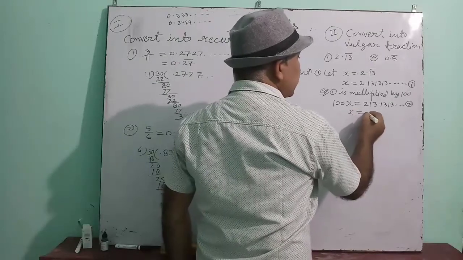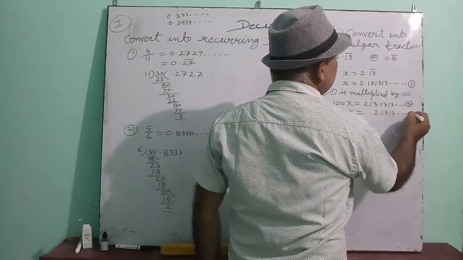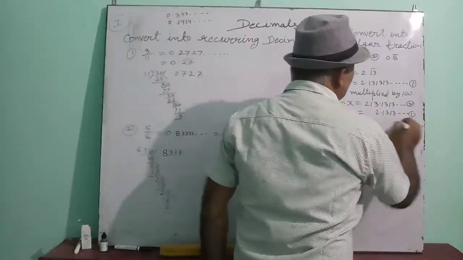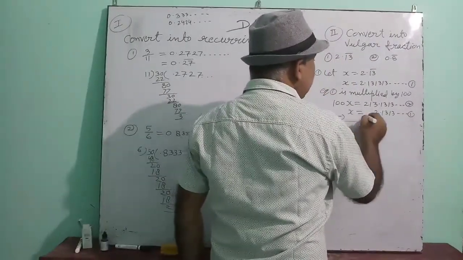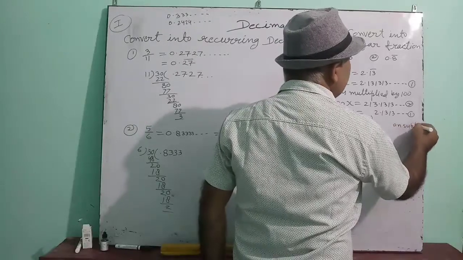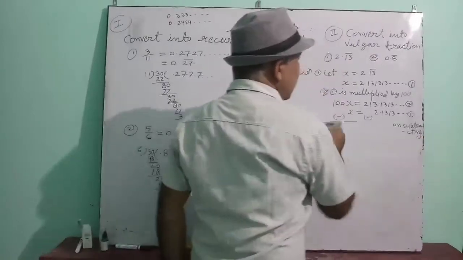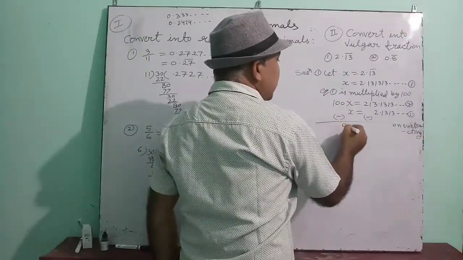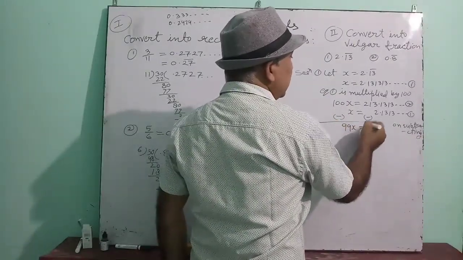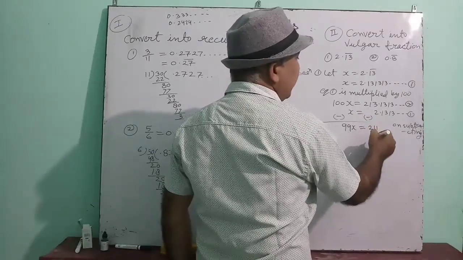Now from equation 2, subtract equation 1. Draw the line. Put the minus sign here. On subtracting, 100x minus x is 99x. 213 minus 2 is 211.